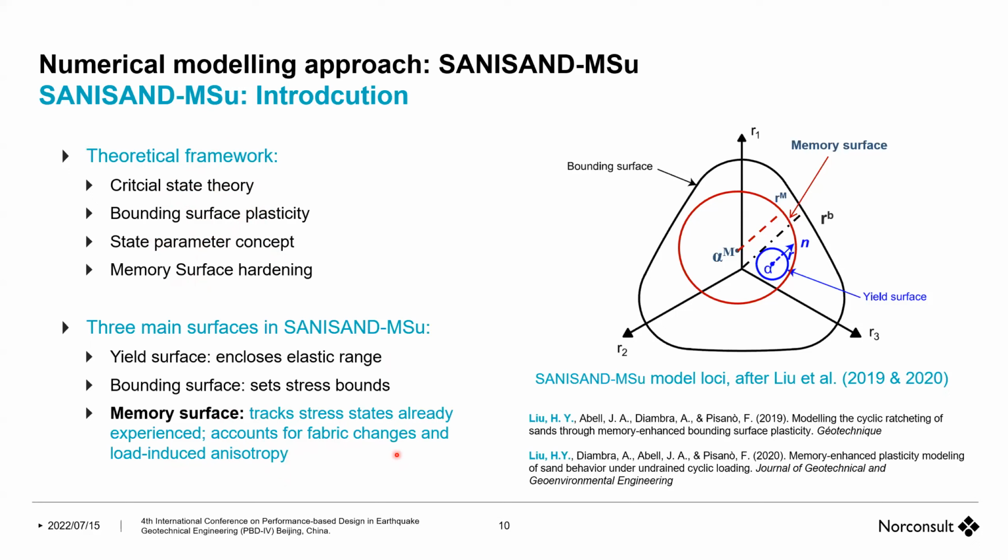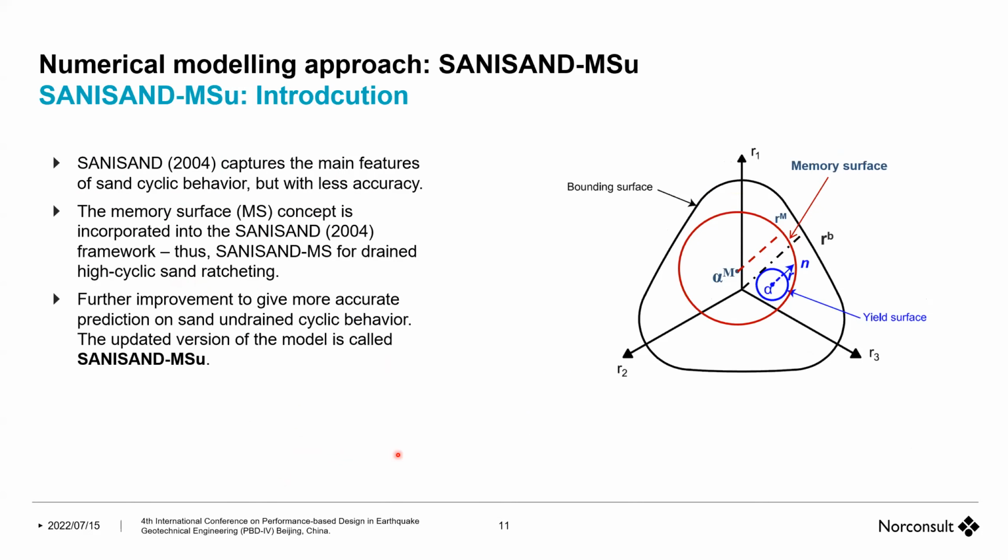Even if I'm not going to spend more than a couple of minutes on it, I thought to include it in the presentation in case this presentation is shared after the event, so that it has some slides for it. So these are the elements of it. It has the memory surface, the yield surface, and the bounding surface.